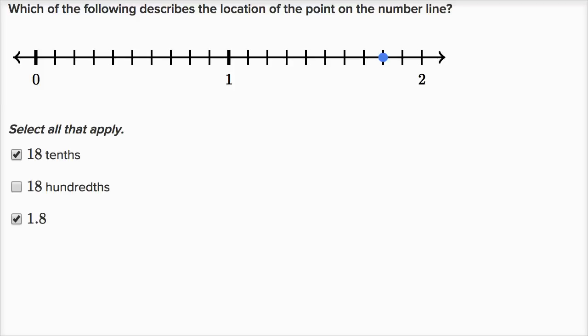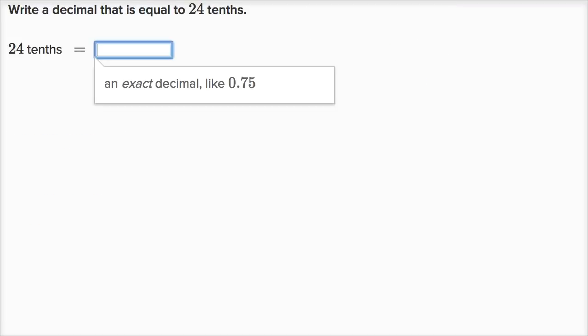Let's try a few more of these. They say, write a decimal that is equal to 24 tenths. All right, 24 tenths. Remember, we could view this as 20 tenths plus 4 tenths.